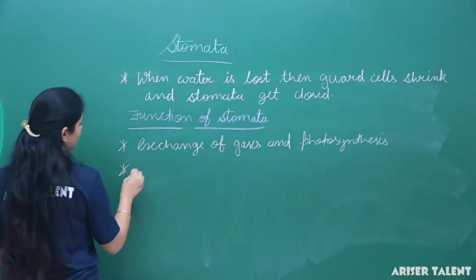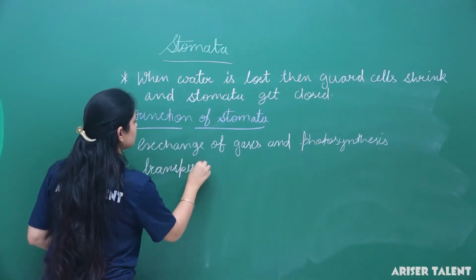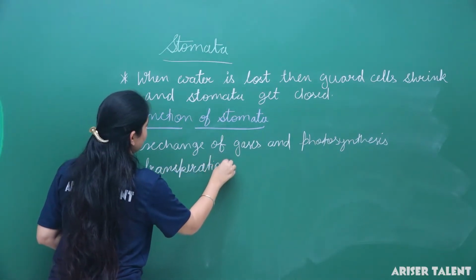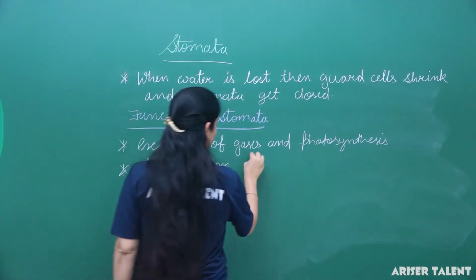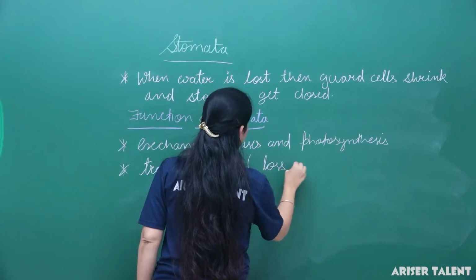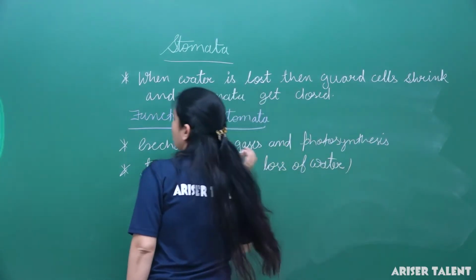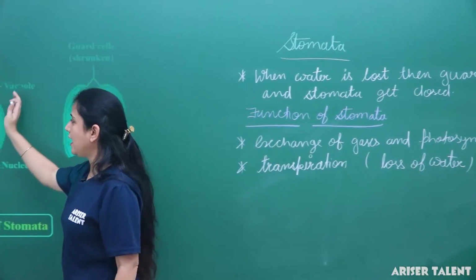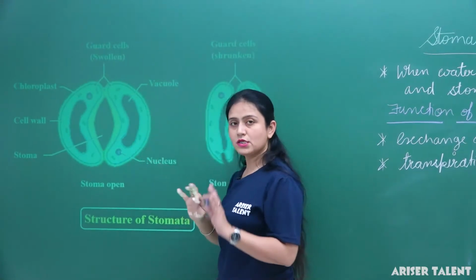Next, transpiration. What is transpiration? Transpiration means loss of water. I explained here how the loss of water takes place. When water enters these guard cells, the stomata open and the guard cells swell.